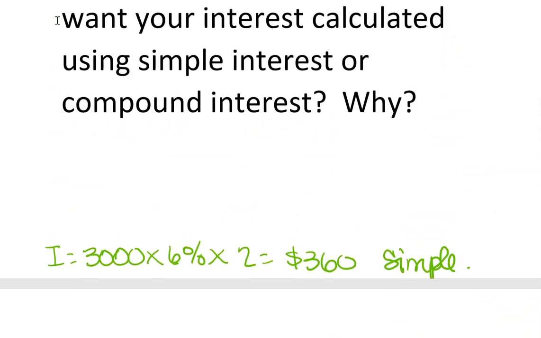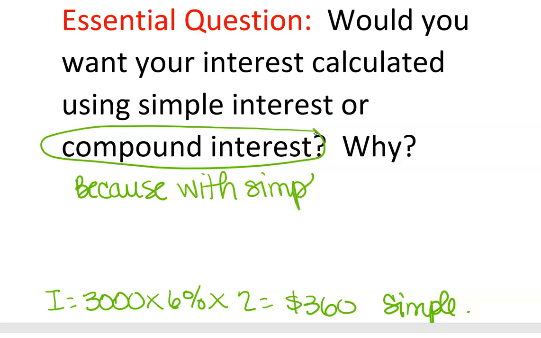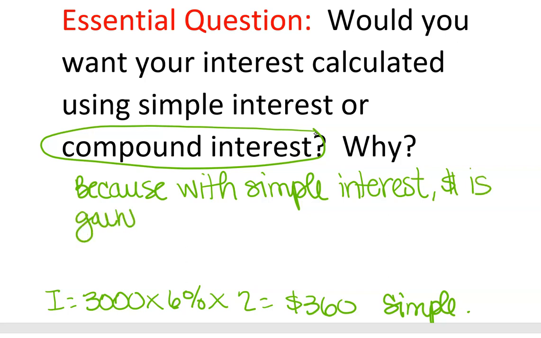So the answer to this question is compound interest. And the answer is because with simple interest, money is gained on principal alone.